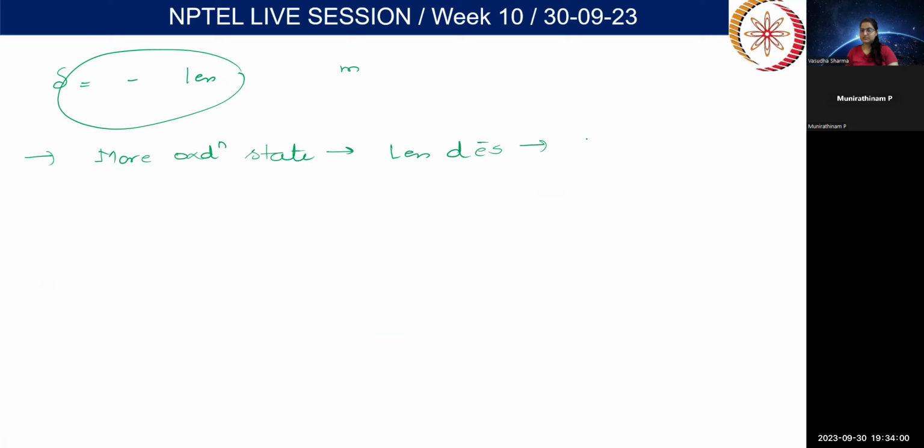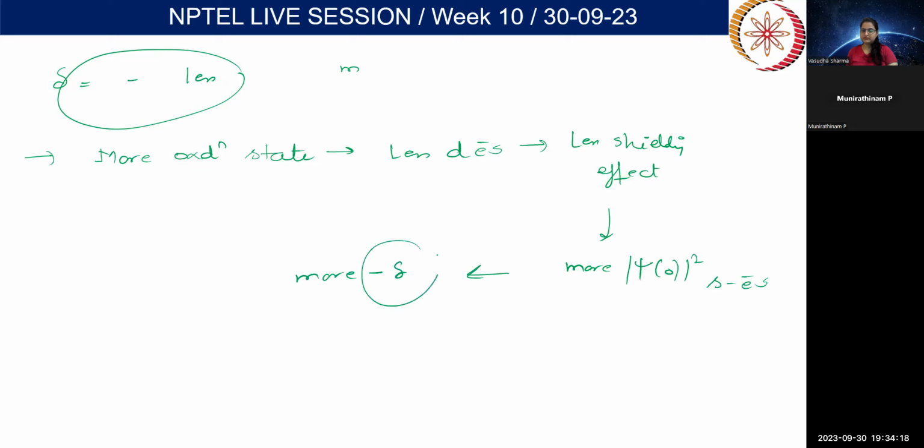If d electrons are fewer, that means the shielding effect is going to be less, therefore more psi-square. This is the probability of s electron density. This will give you a more negative delta. Otherwise, if we have a lower oxidation state or more d electrons, it will have more shielding effect.